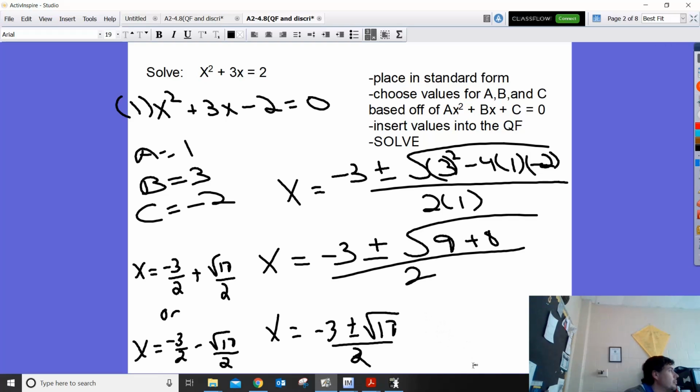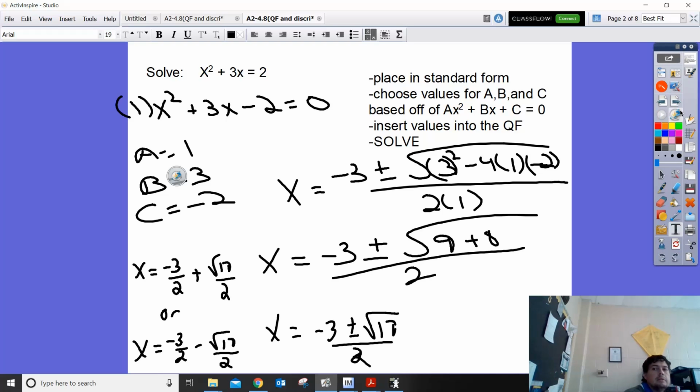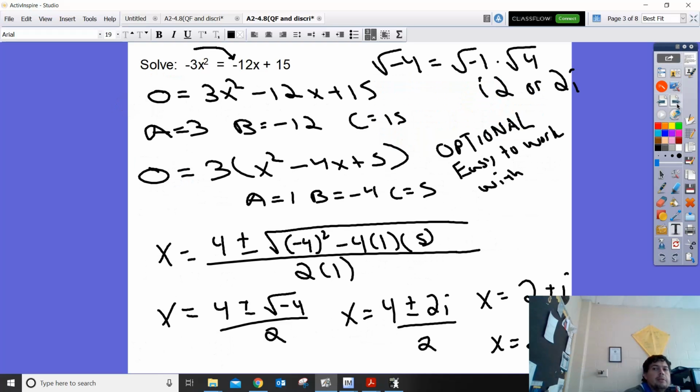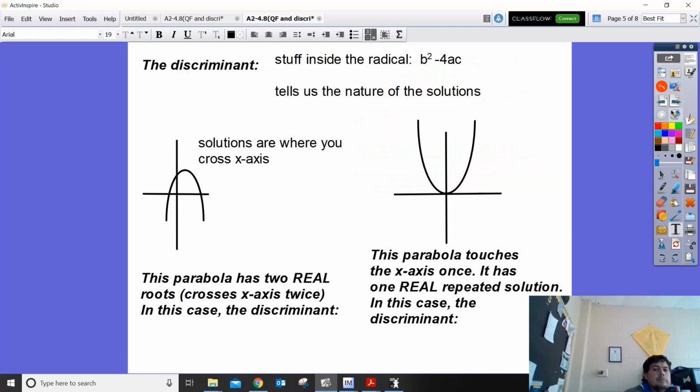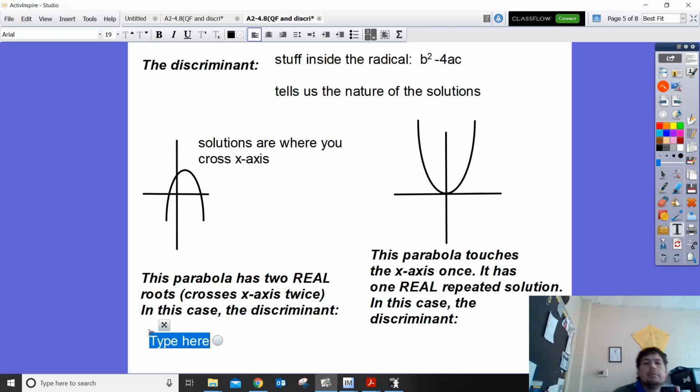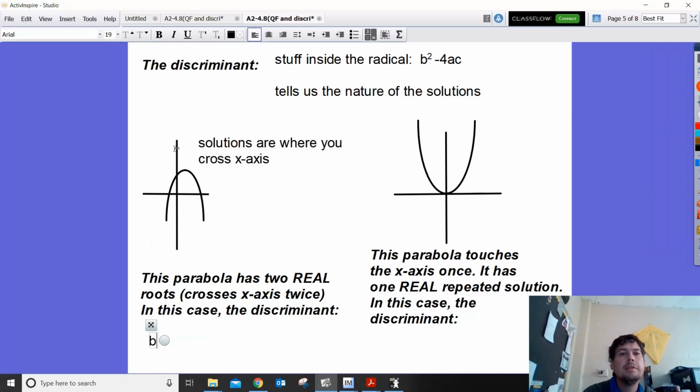And to be positive means you're greater than what? 0. So this happens when the discriminant, b squared minus 4ac, is greater than 0. It's positive.